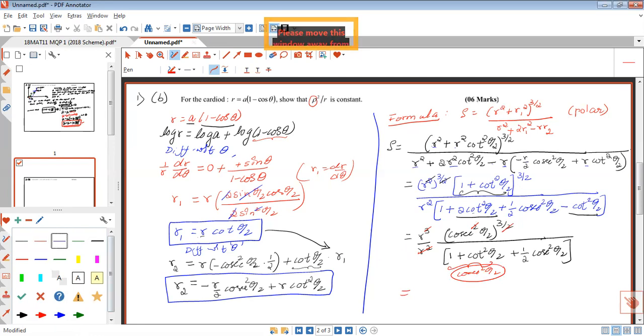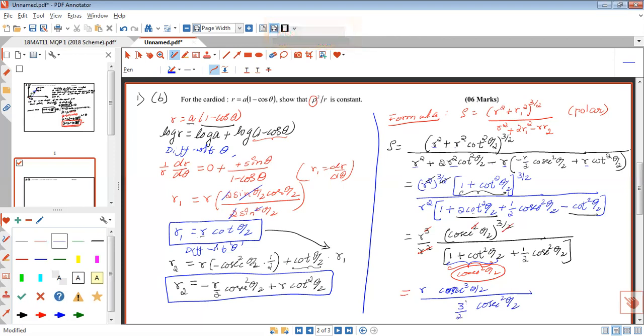Now the remaining cosecant cube theta by 2, and in the denominator cosec square theta by 2 plus half times cosec square theta by 2. Here cosec square theta by 2 is common, so remaining is 1, correct? 1 cosecant square theta by 2 plus half, 1 plus half is 3 by 2.